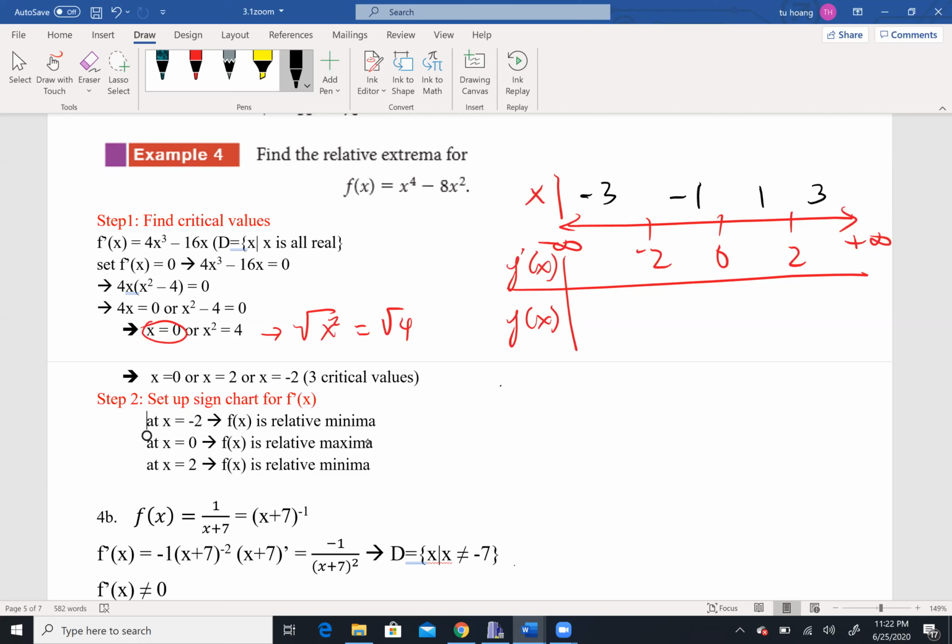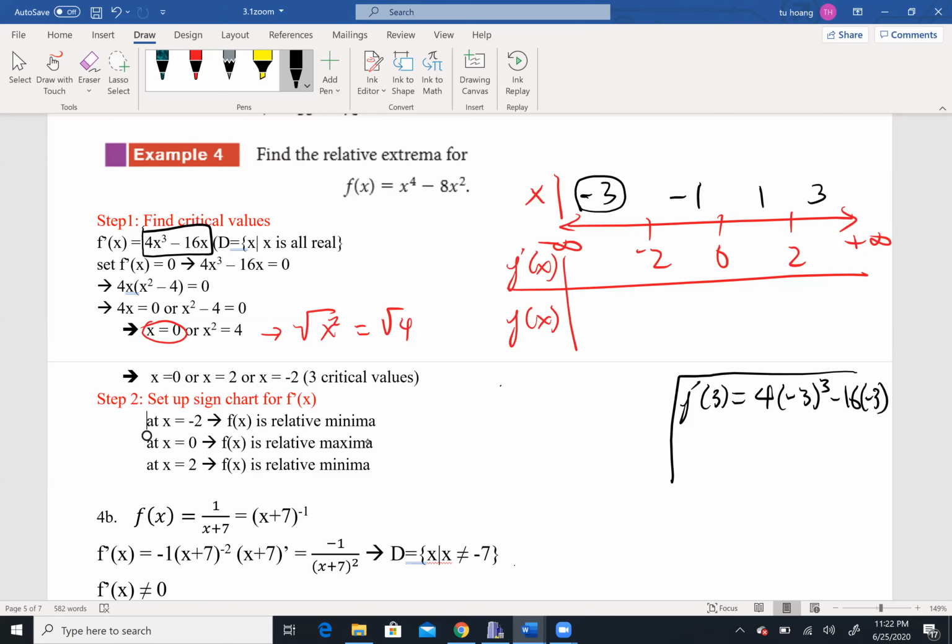Now I'm going to test at negative 3. For x equals negative 3, what happens with f prime of x? You can do a side work. f prime of negative 3, what is that equal to? You know that the f prime of x I have right now is 4x cubed minus 16x. So it's going to be 4 times negative 3 cubed minus 16 times negative 3.